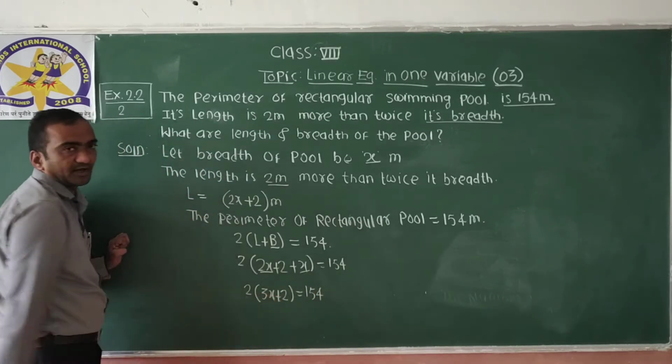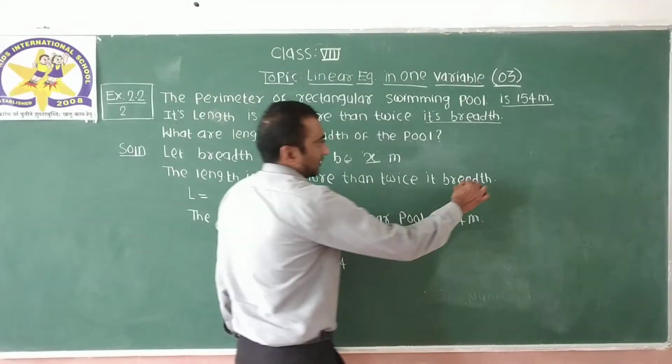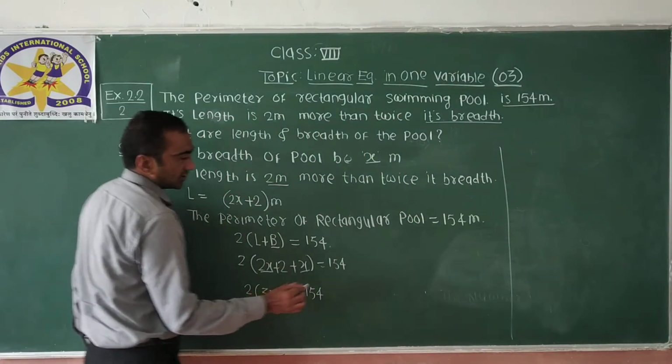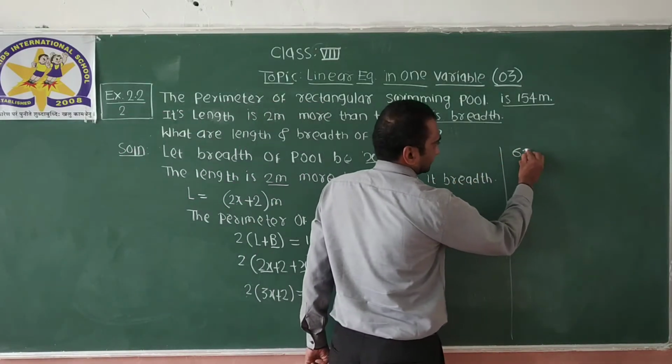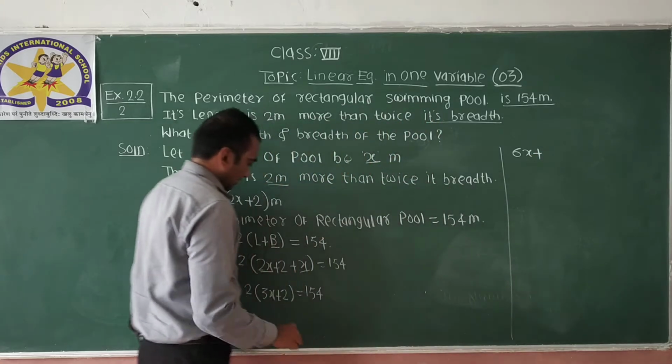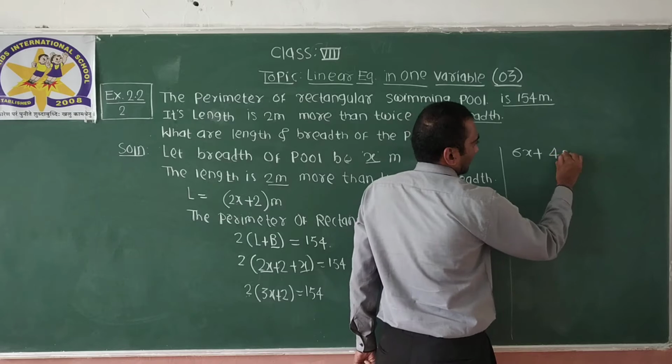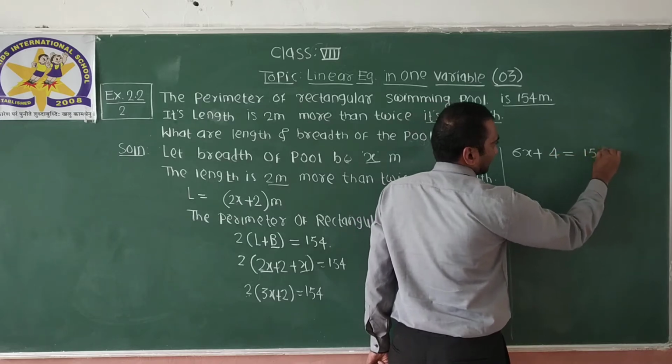Multiply 2 to the bracket. If you multiply 2 to the bracket, 2 into 3x is 6x, plus 2 into 2 is 4, equals to 154.